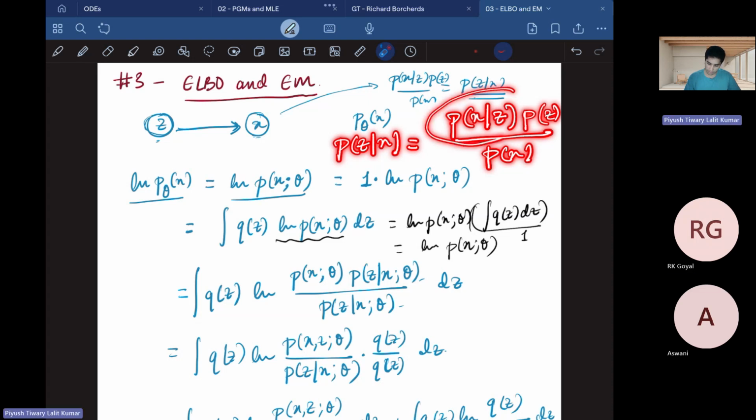Now, P of X given Z is something that we can get from our graphical model; we can take help of the PGM to get the value of P of X given Z. And P of Z is a prior distribution. Prior distribution is something that we will have to assume. For example, we can assume that P of Z is Gaussian.